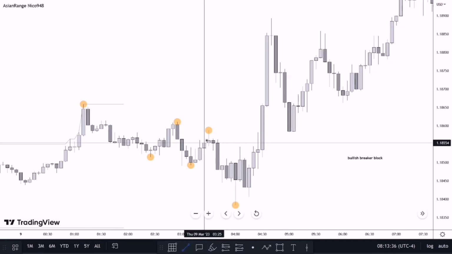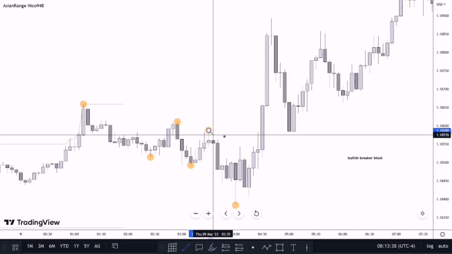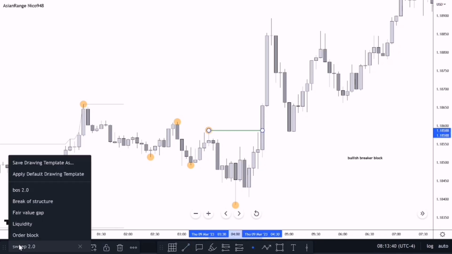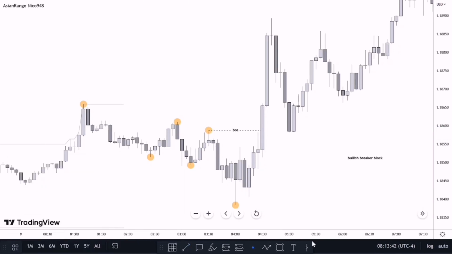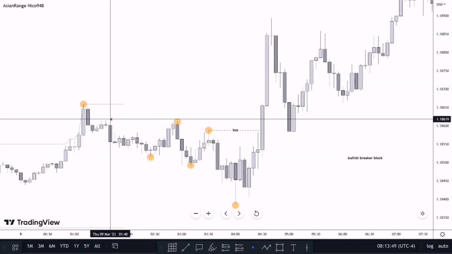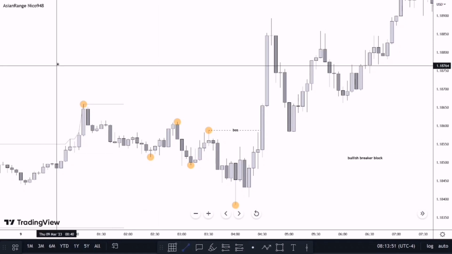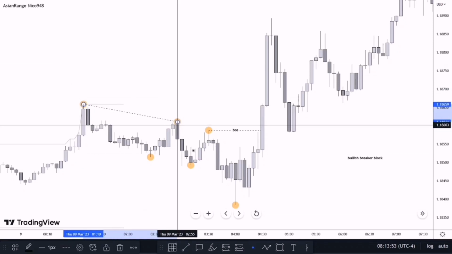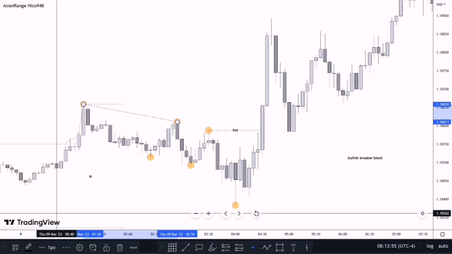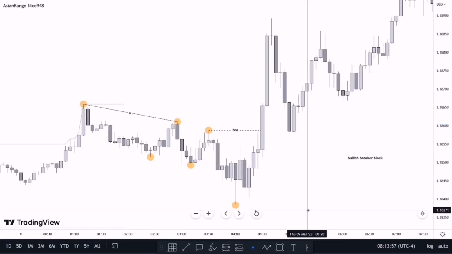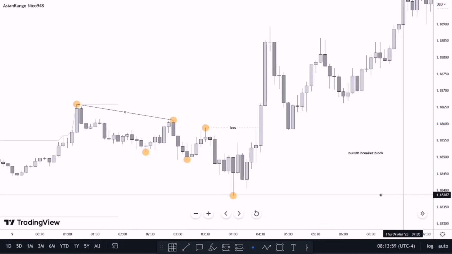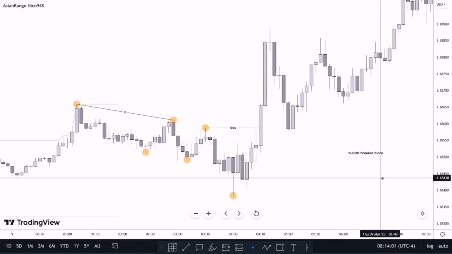We can clearly see that we break structure, and we create a very impulsive move that sweeps all the liquidity within this trend line. So where do we find our bullish breaker block to continue our buy side model?